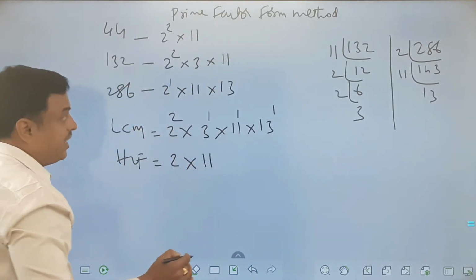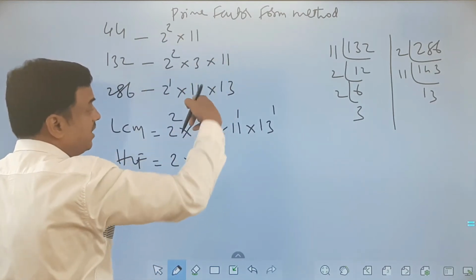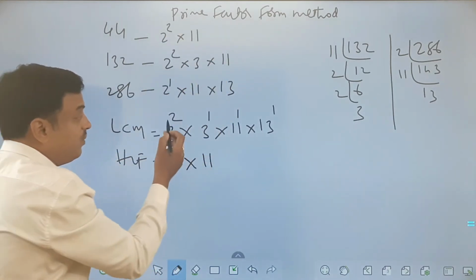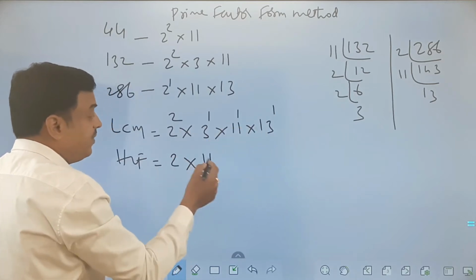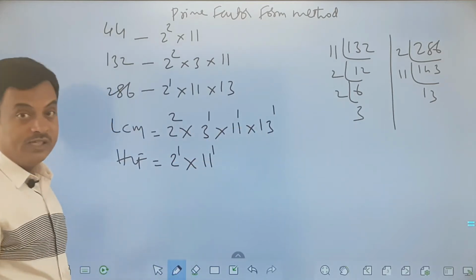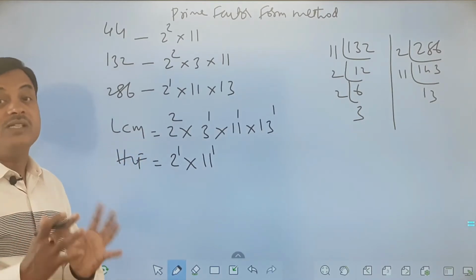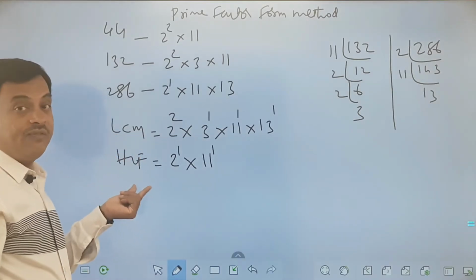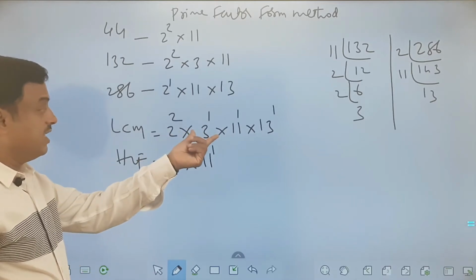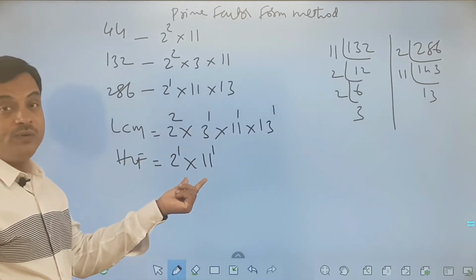I will take 11. And 13 again is not in all the numbers, so I will not take 13. Here we selected highest powers. Here we will select the least powers. Please observe this difference. So just to give you clarity on the exact difference in method, LCM and HCF, I got both of them. Okay, so this product will give you LCM, this product will give you HCF.